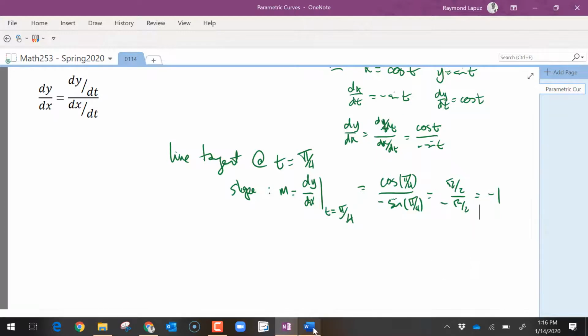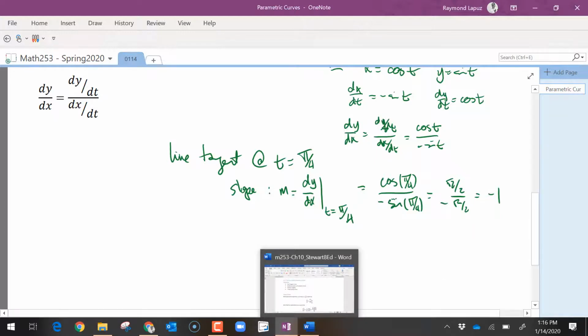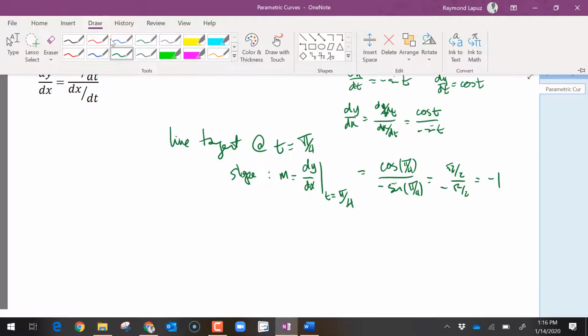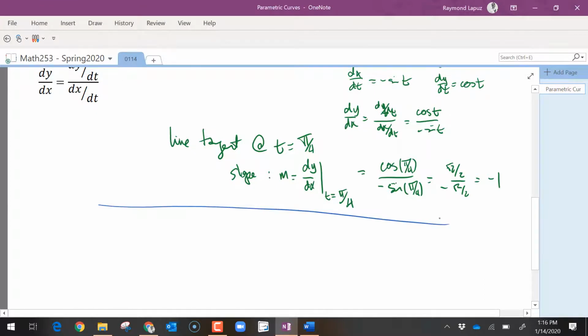So let me put something that's incorrect here and then mark it as wrong. So d squared y over dx squared seems like it would be equal to d squared y divided by dt squared divided by d squared x divided by dt squared, right?